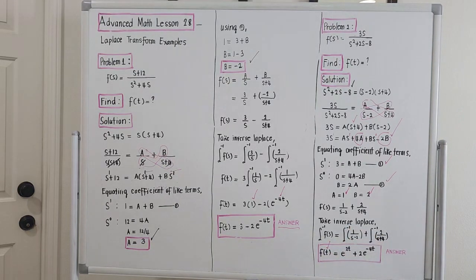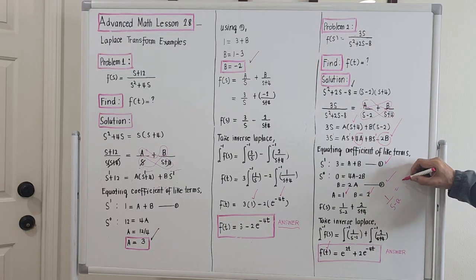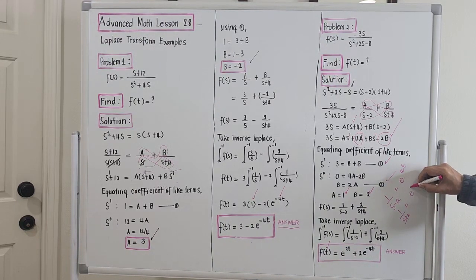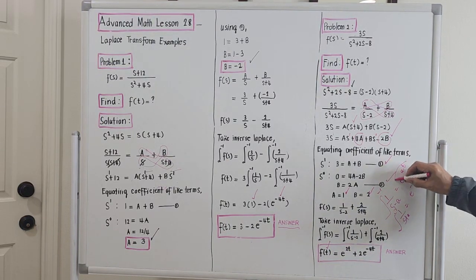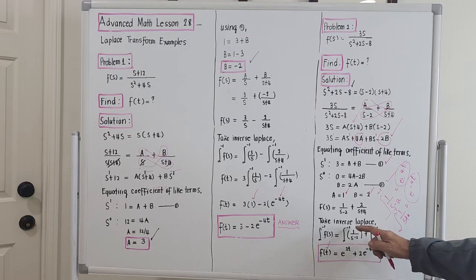f(t) should be equal to... 1 over (s minus a) is actually e raised to at. And 1 over (s plus a) is actually e raised to minus at. So if we take the inverse Laplace, we follow this. It will now be equal to 1 times the inverse Laplace of 1 over (s minus 2).